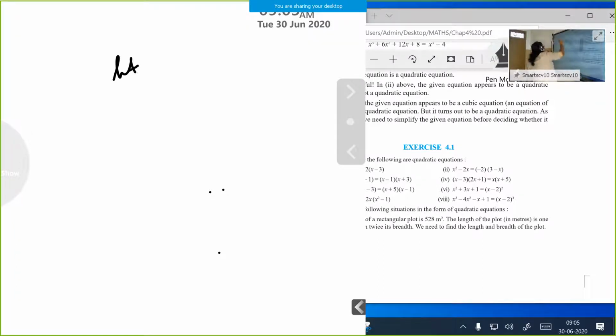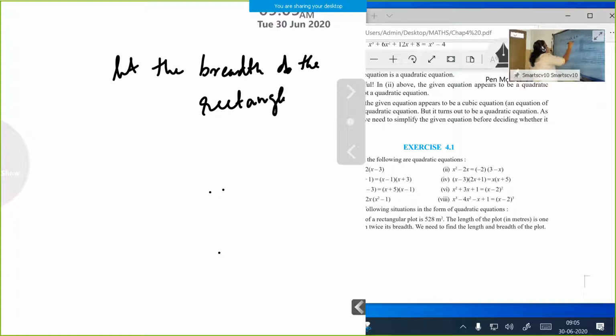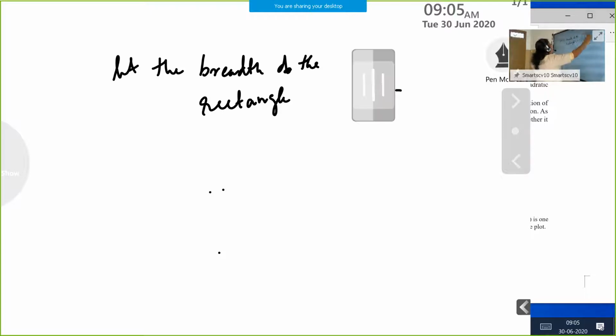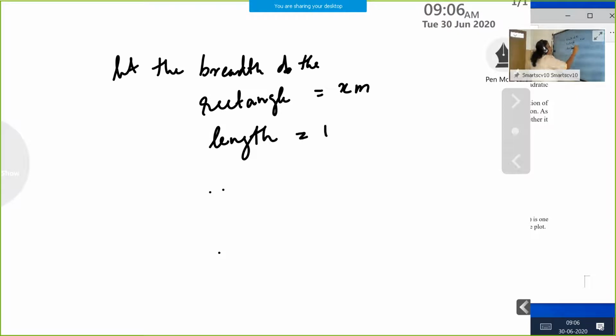Let the breadth of the rectangle be x meter. Then what is the length? Length is equal to, according to our question, 1 more than twice its breadth, that is 1 plus 2x meter or 2x plus 1.